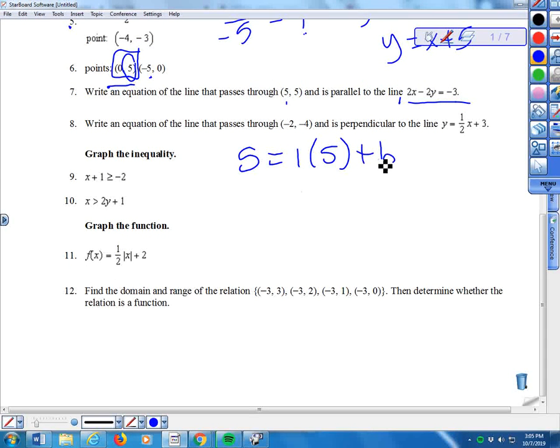What is b? 0. So the equation of my line: you move your 5 over, and there's the equation. y equals x, because plus b is 0. The slope was 1. You could put y equals x plus 0, but you don't need to put that plus 0.